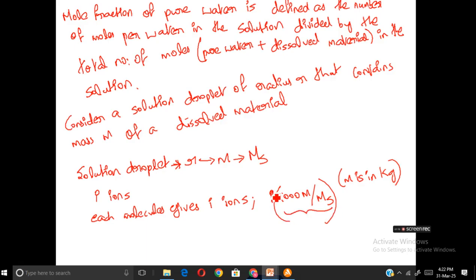M by Ms gives the number of moles, mass in gram by molecular weight, and 1000 is to convert it into grams, since m is given in kilogram. Assume that m is given in kilogram and Ms is in gram. So 1000 times m by Ms is the number of moles, and each mole gives i ions.